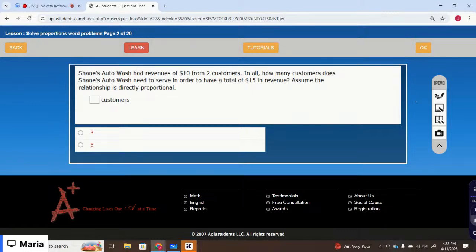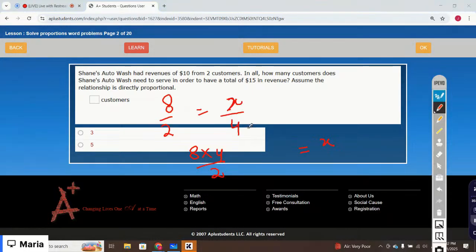So $10 from two customers, right? So we need to calculate $15 from how many customers, right?